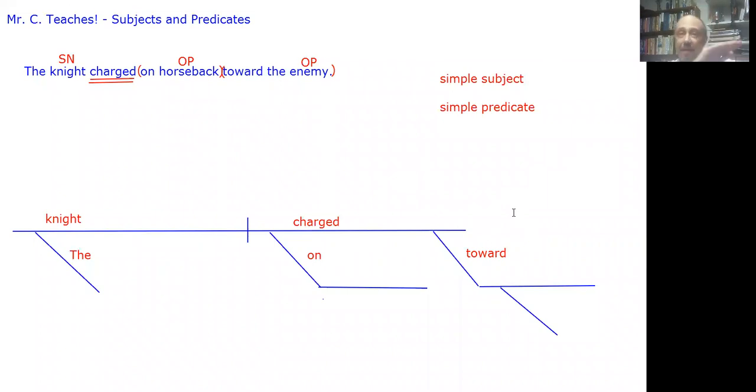Anyways, the horizontal part is where the object of the preposition goes. So horseback would go here because on what? On horseback. Very good. And then over here would be enemy. Toward what? Toward enemy. Which enemy? The enemy. Now I've got my whole sentence set up.